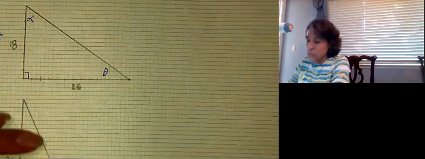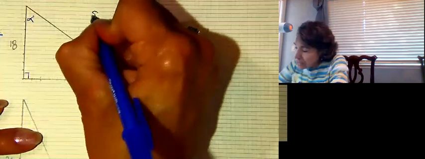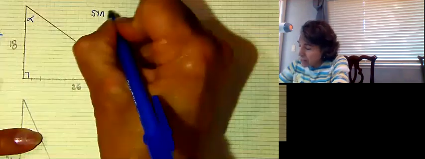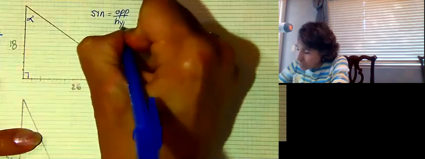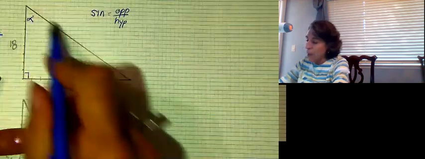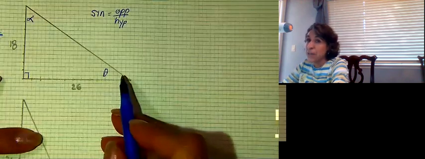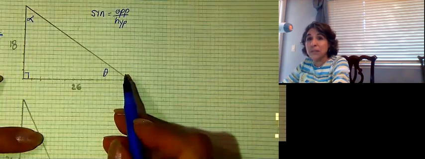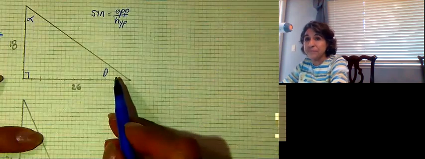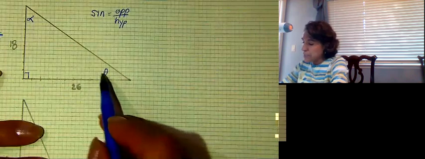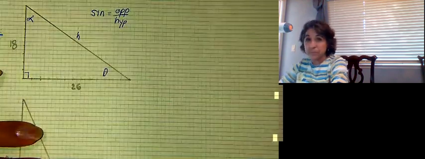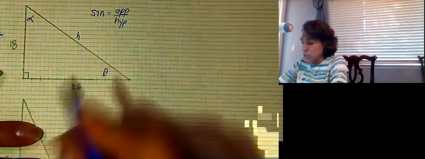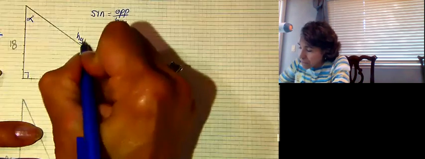So here's a good way to start reviewing. What is the sine? You guys remember sine is the same thing as opposite over hypotenuse. I don't know what the hypotenuse is here. I could figure it out with a squared plus b squared equals c squared. Sine is the opposite over the hypotenuse. So this one's my hypotenuse. I better write that, hypotenuse.